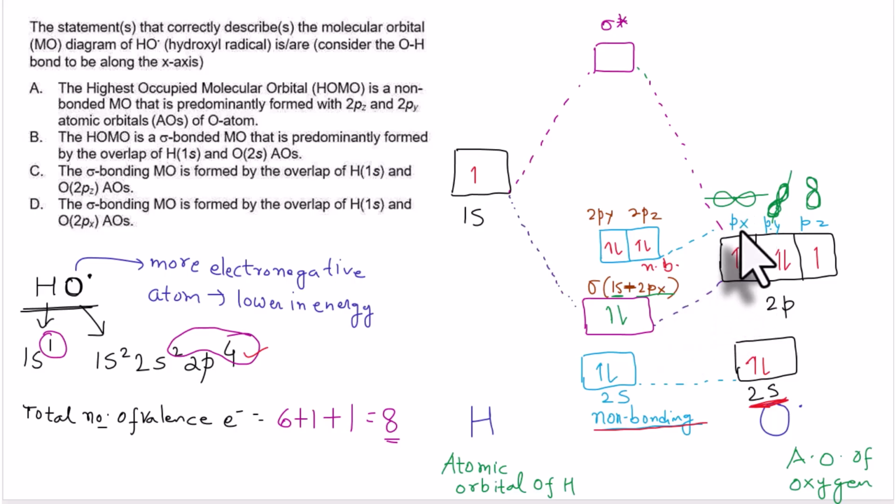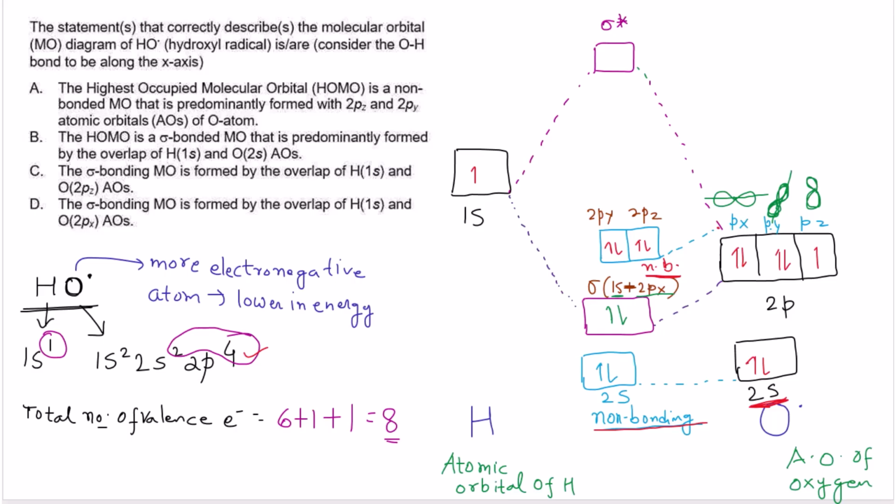Then the 2px of oxygen and 1s of hydrogen overlap to form the sigma bonding molecular orbital containing 2 electrons, and the sigma star anti-bonding orbital at the higher energy level. Then we have the remaining 4 electrons, in the 2py and 2pz orbitals. Those also cannot overlap with any of the s orbitals of hydrogen, so they remain as the second non-bonding molecular orbital.